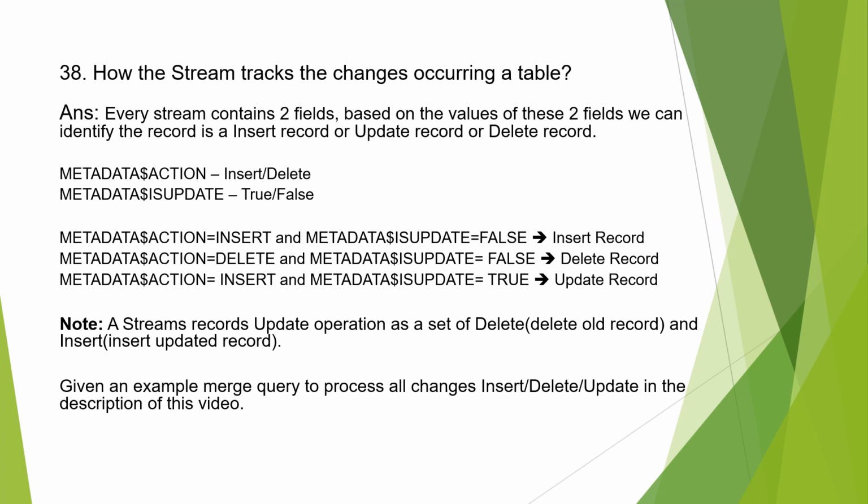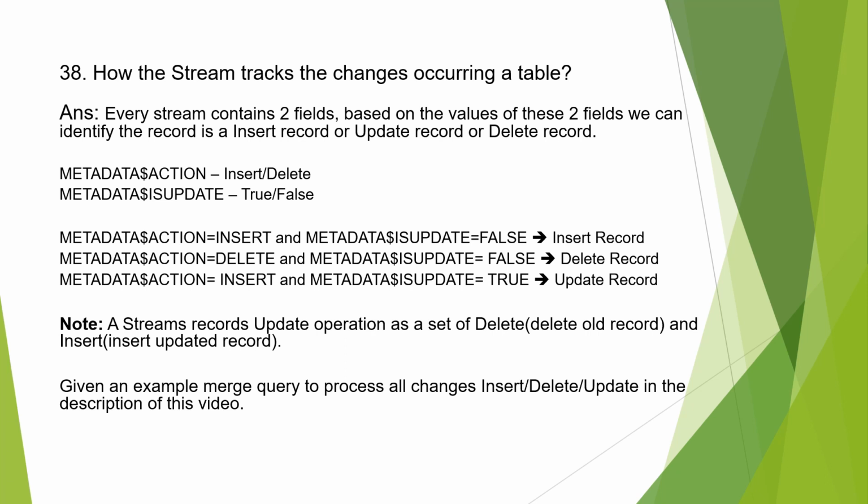And when my metadata action is delete and metadata isupdate is false, that means there is no update, that means it is not updating any record. So this record will be marked as a delete record. And suppose I have fields like metadata action is insert and metadata isupdate is true, that means it is an update record and I have to insert this update record.